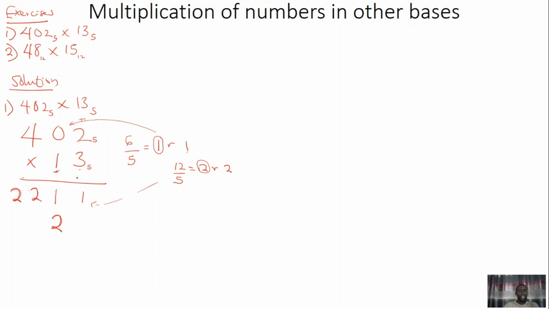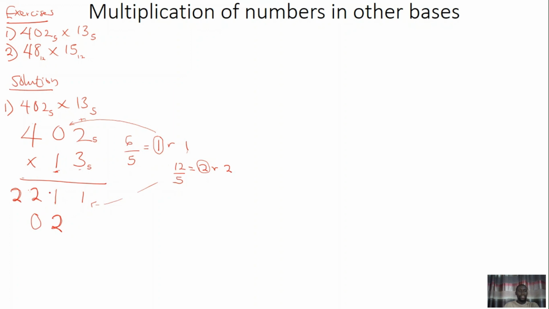Now the next digit that we are going to multiply 1 with is 0. 1 times 0 is equal to 0. And because that is less than 5, we don't need to divide it by 5. So we're just going to write it here, 0.